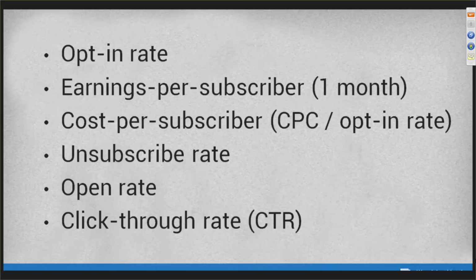So basically, let's say that you build a list with 1,000 emails, and then in 1 month, marketing to those 1,000 emails, you get to make, for example, $2,000 in profits. So it means that your earnings per subscriber is $2 for the first month.